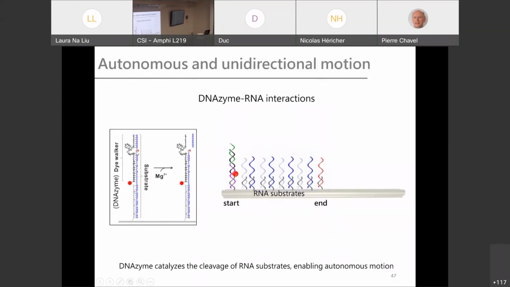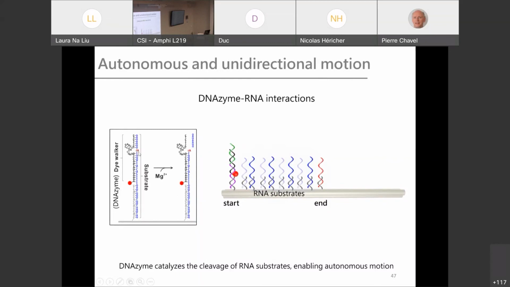So here, this is the DNA enzyme strand, and then the blue one is the RNA substrate. So here I have this enzymatic core.